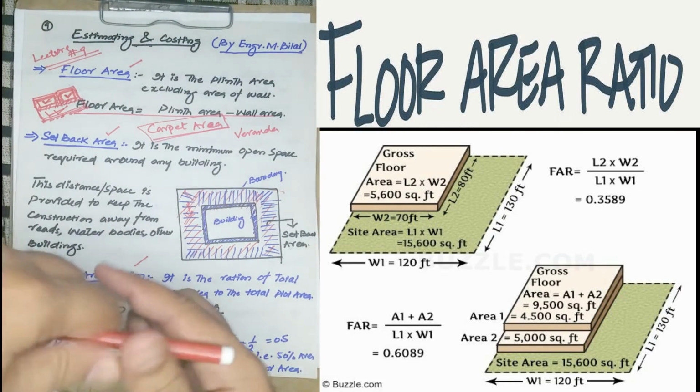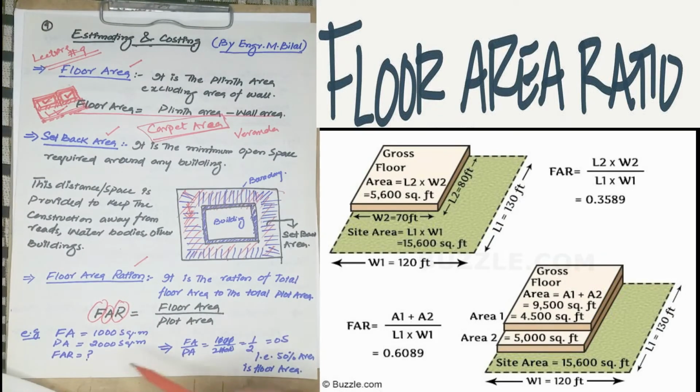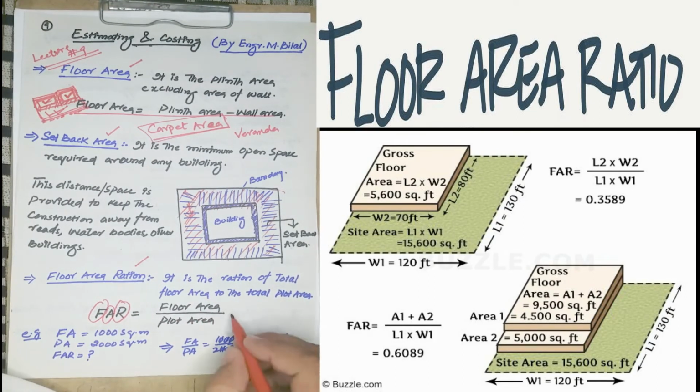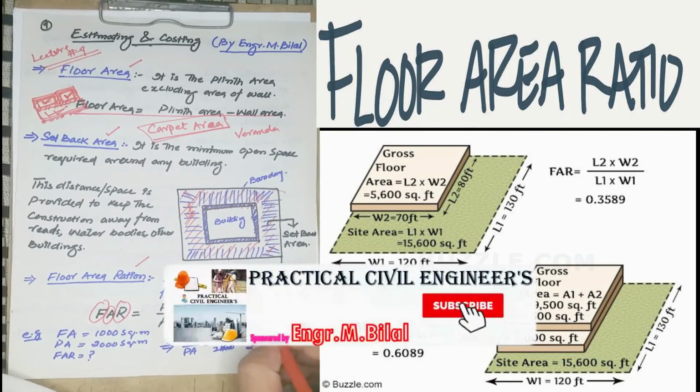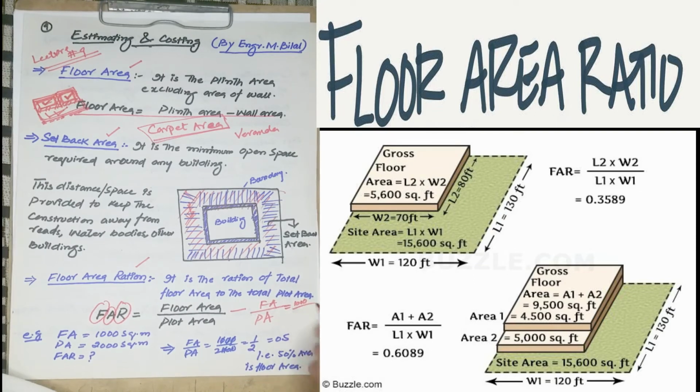So the floor area ratio is the ratio between floor area and plot area. Let's suppose the floor area is 1000 square meters and the plot area is 2000 square meters.